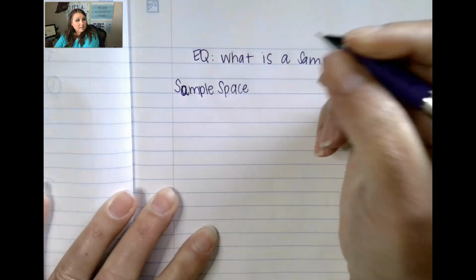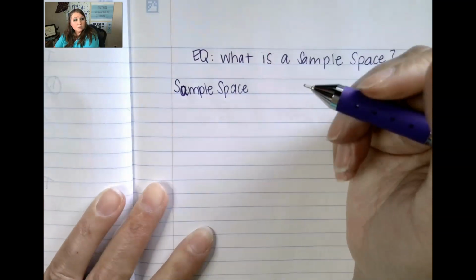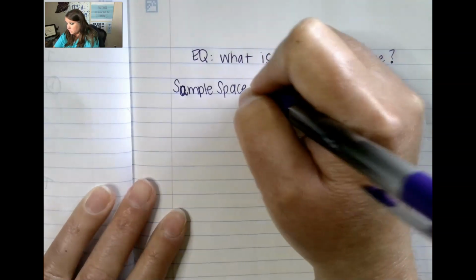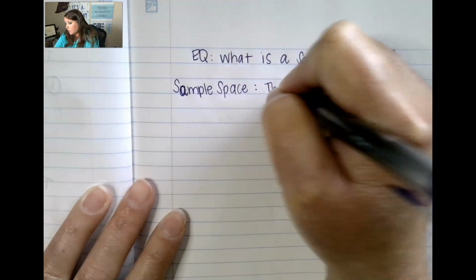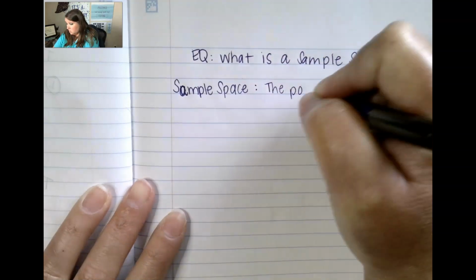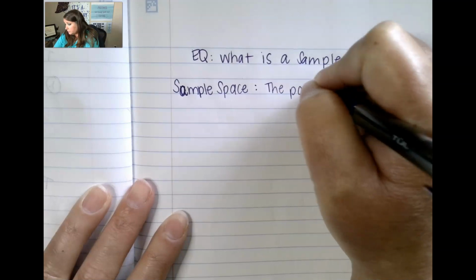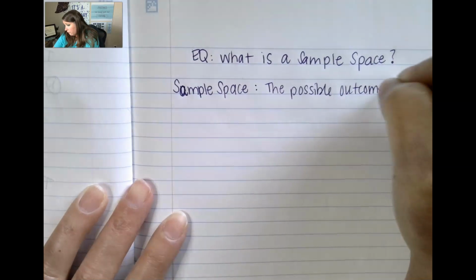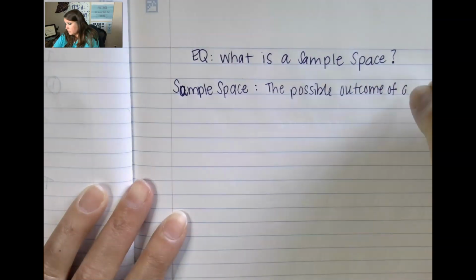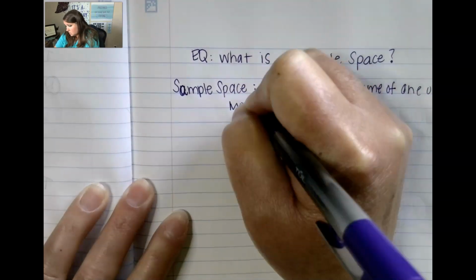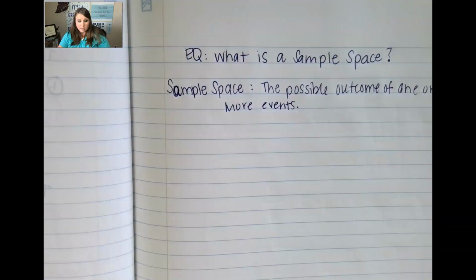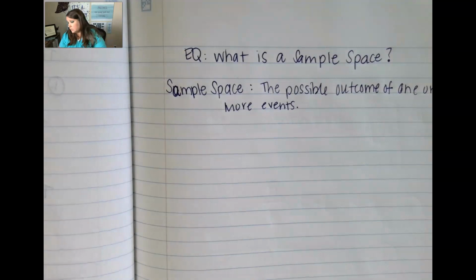A sample space is the set of all possible outcomes of one or more events. That is a sample space.